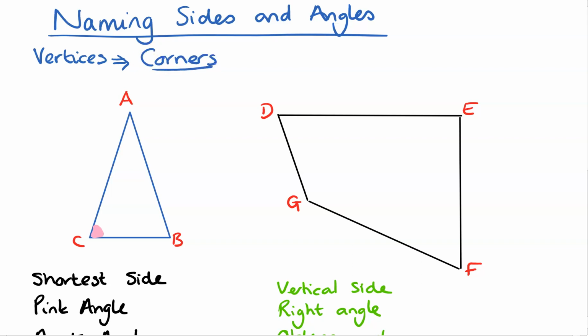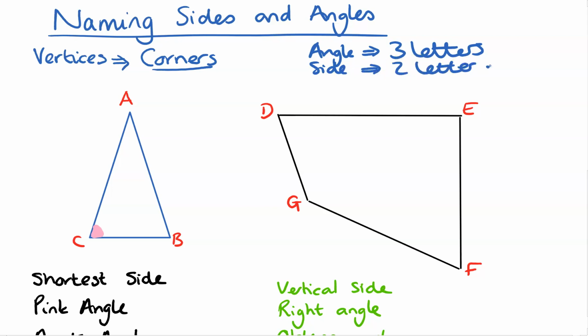In other words, what letters are you going to join up to make the lines or the angles? So an angle is made up of 3 letters, and a side is made up of 2 letters. And that will be more evident when I do some.